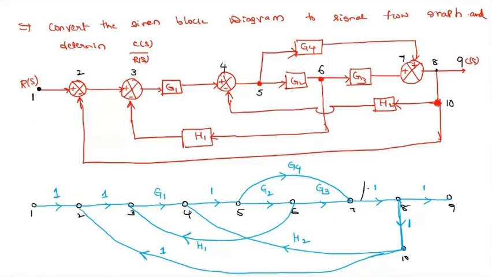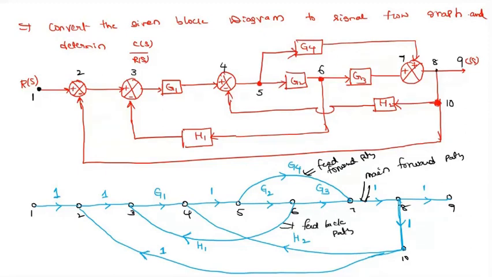This line is the main forward path, and this is the feed forward path, and this is the feedback path. These two are also feedback paths. So these are H1, H2, and 1; these three are the feedback paths. This is the feed forward path, and this is the main forward path.